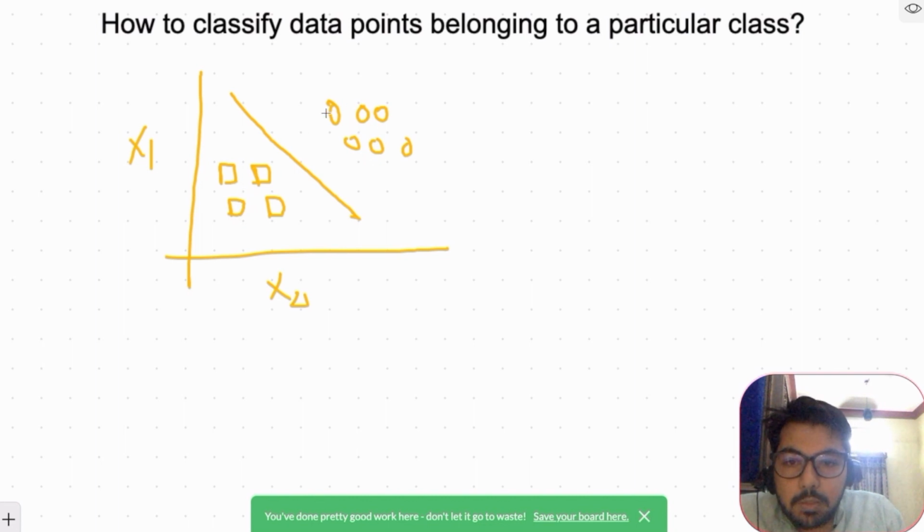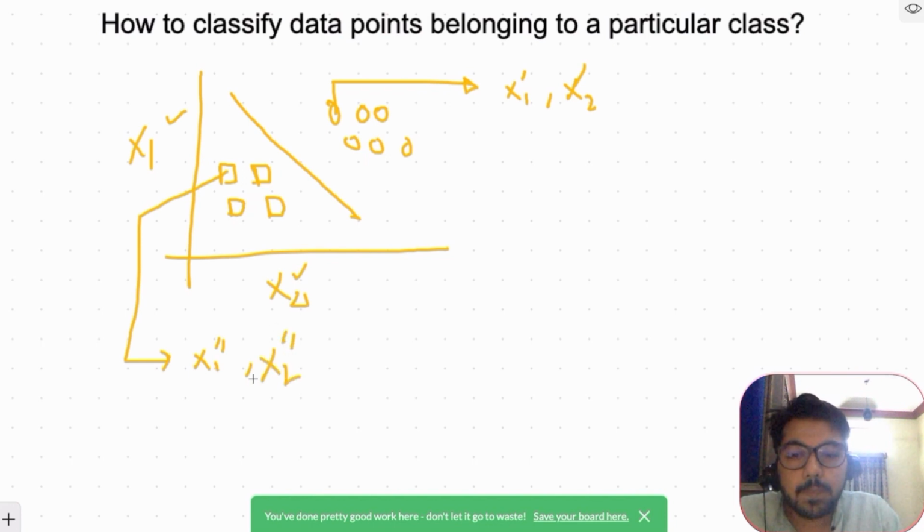So this circle corresponds to some value of x1 and x2, say x1 bar and x2 bar. Similarly, this square corresponds to some value x1 double bar and x2 double bar.